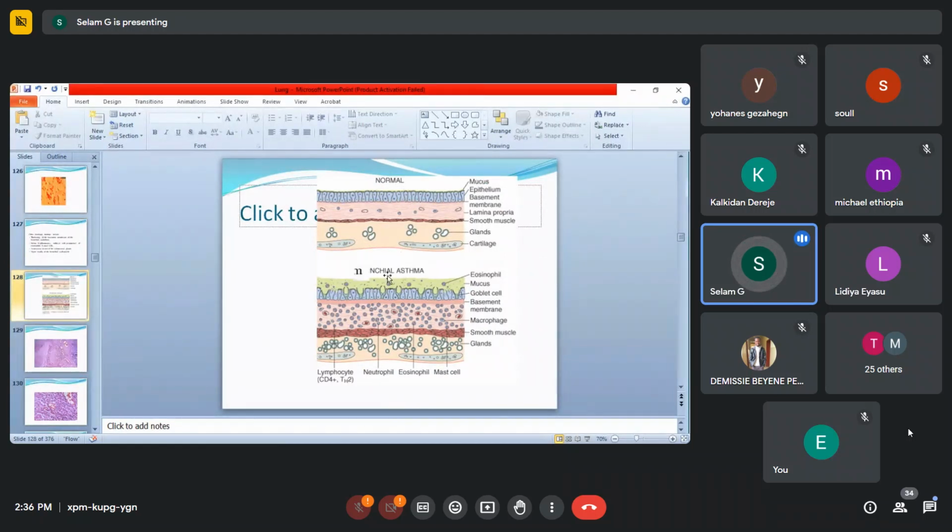In bronchial asthma, you see a thick layer of mucus, goblet cells will be hyperplastic, the submucosa will be full of inflammatory infiltrates and edema, and the glands will also be hyperplastic. The wall will be thickened and contracted.